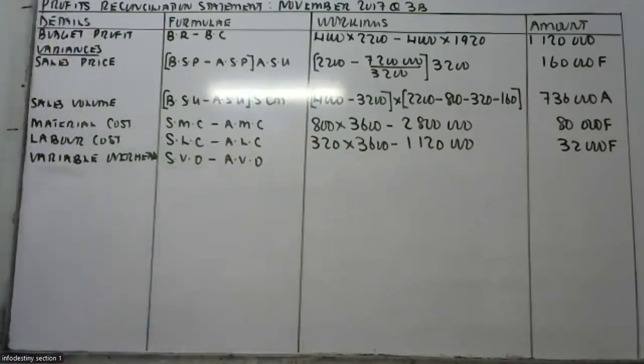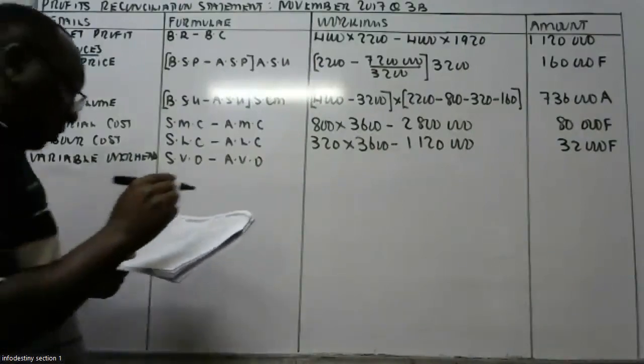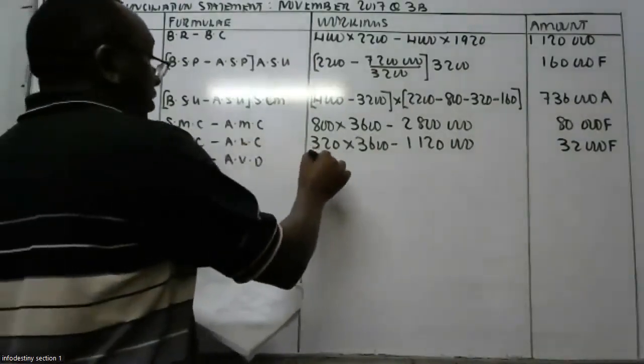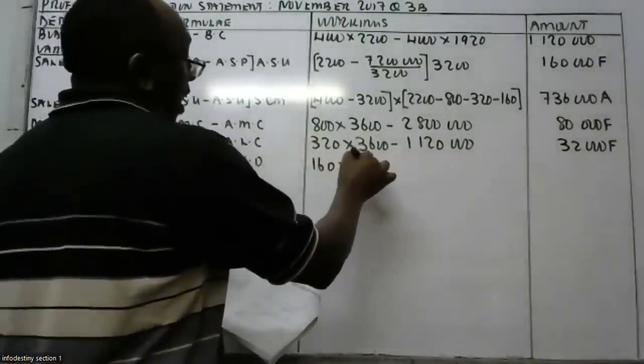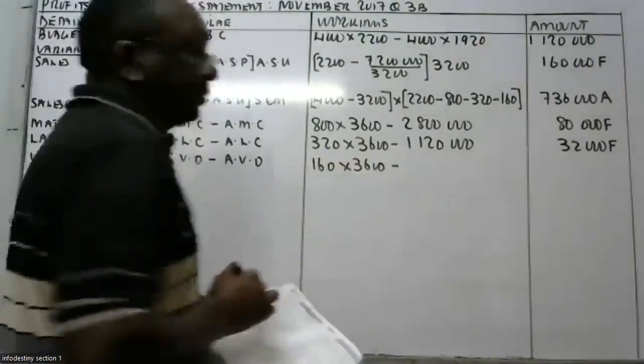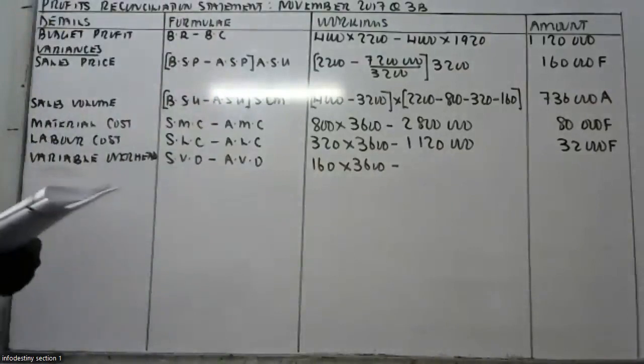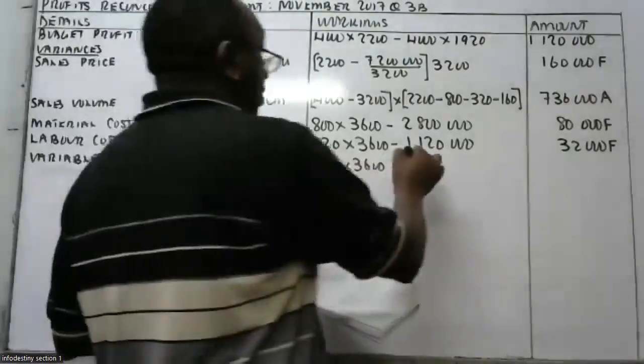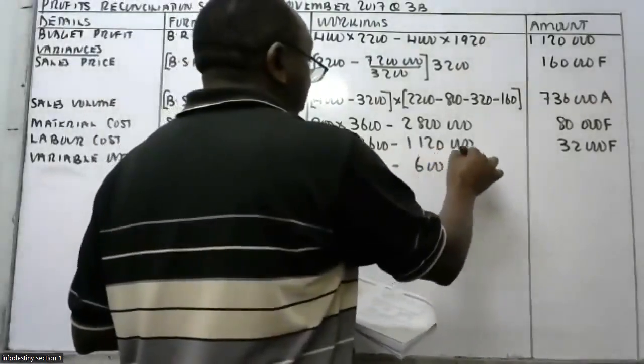Standard variable overheads minus the actual. So ukikimbia hapo juu unapata 160 multiply by that 600. You minus the actual there, which is 600,000.